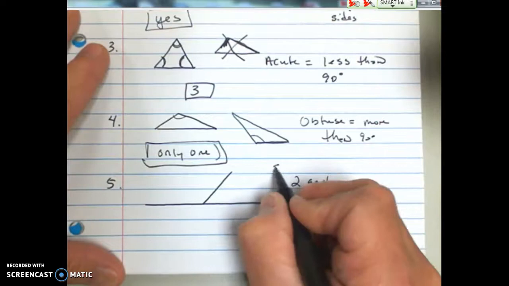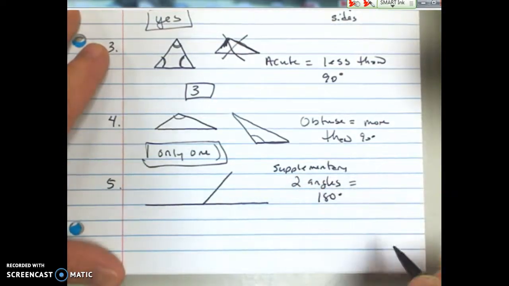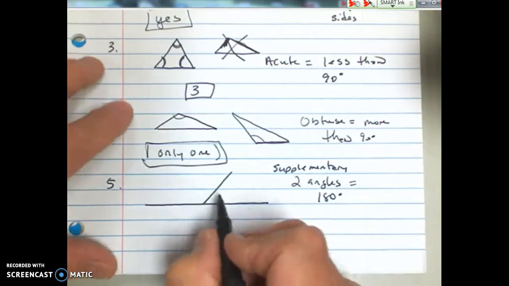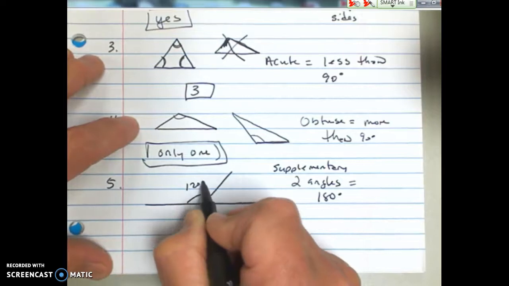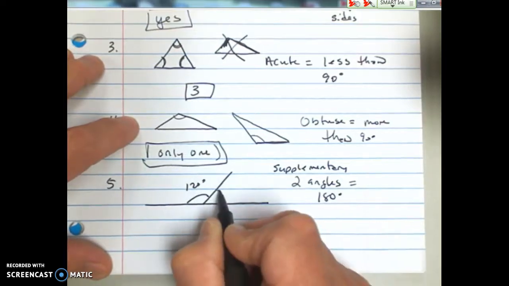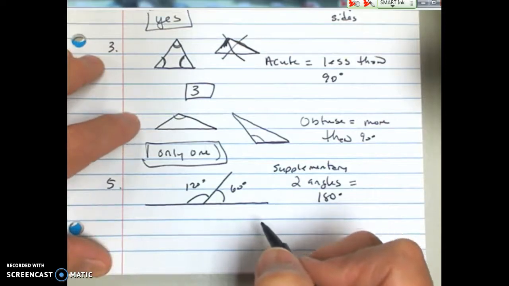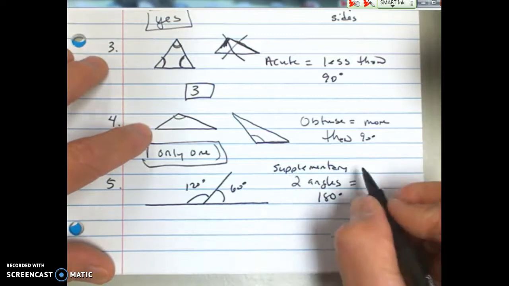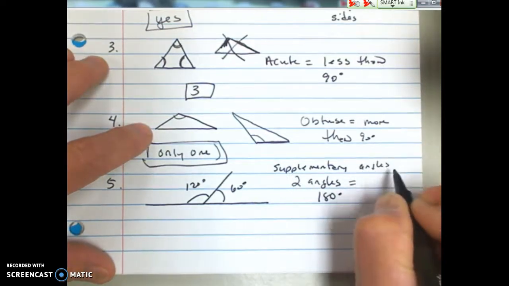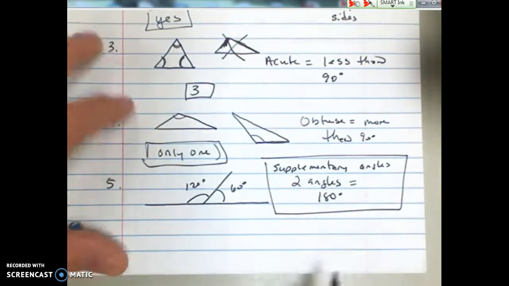So this is supplementary angles. So in this case, if this was equal to 120 degrees, this angle would have to be equal to 60 degrees. So the sum of their measurements, supplementary angles, is two angles that equal 180 degrees, and that's our answer.